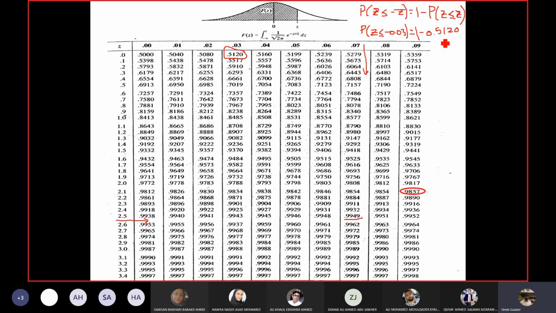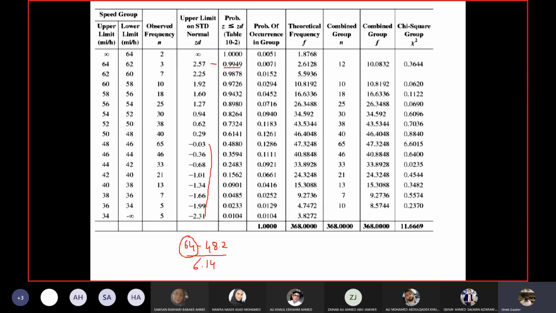What is 0.5120? The probability of 0.03. So you do 1 minus that, you will get the probability of minus 0.03. Simple. So you do 1 minus 0.5120, you get 0.4880.